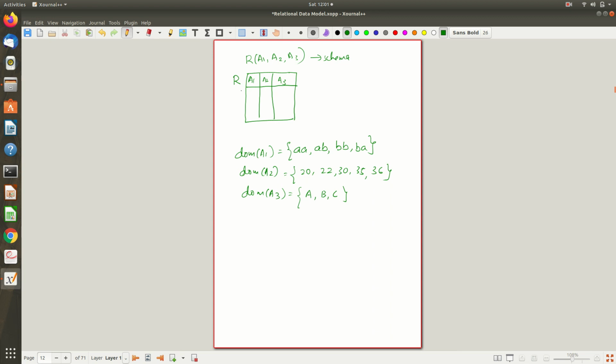Now we are going to see what the state of the relation is at any instance. At any point of time, let me define a particular state. Name of the person, let it be, say, BB.